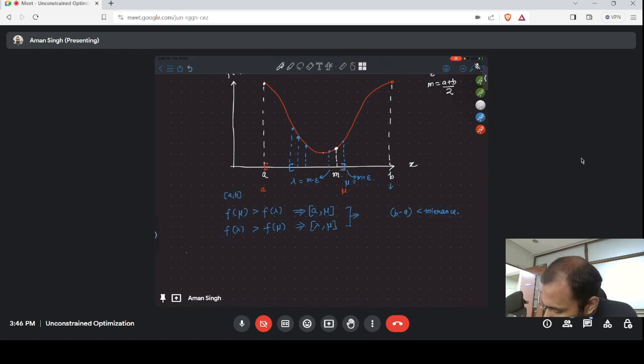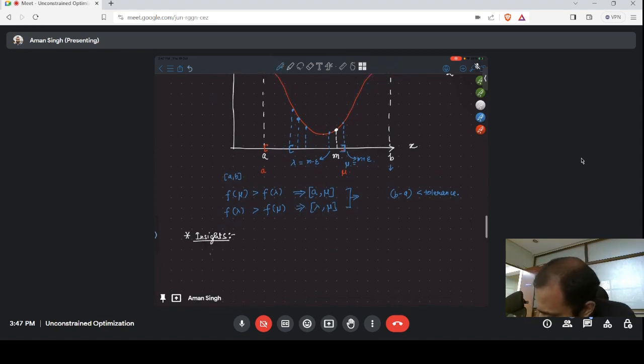Now let us look at some insights of this algorithm. If you see at each iteration, the interval of uncertainty, let's call the length of the interval of uncertainty ik. So basically this tells us the length of the interval of uncertainty at the kth iteration.